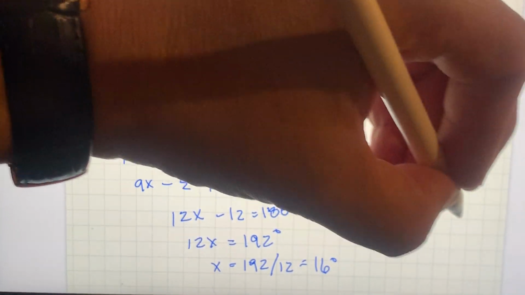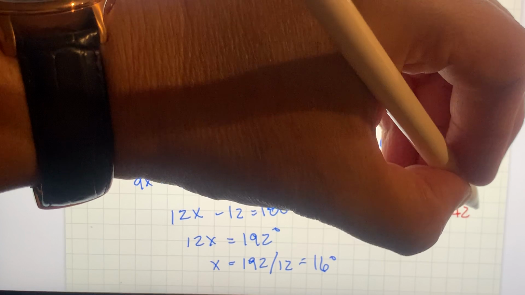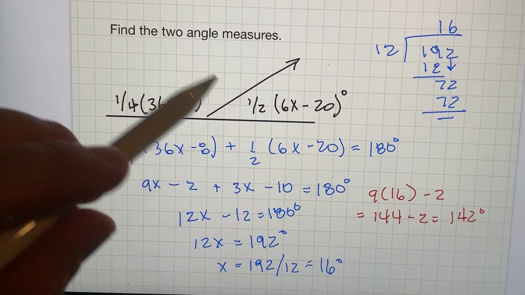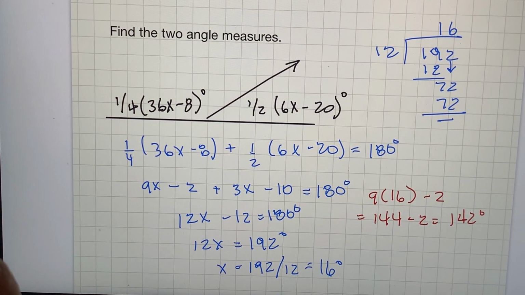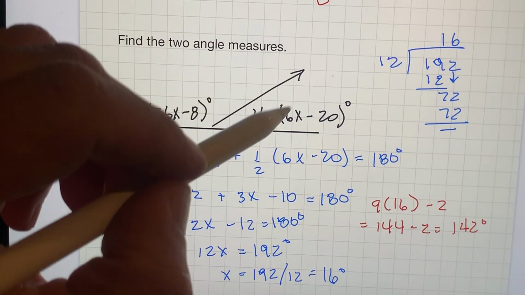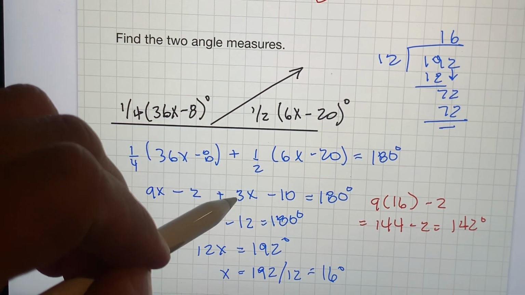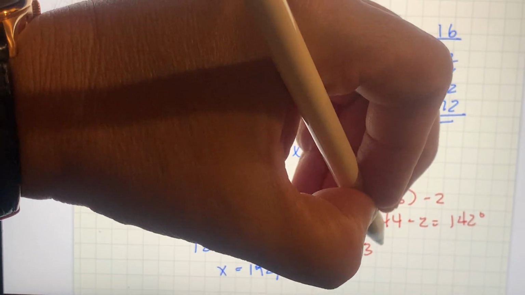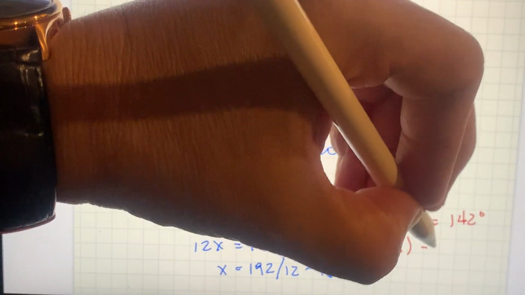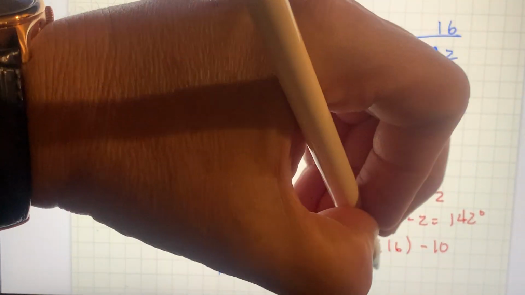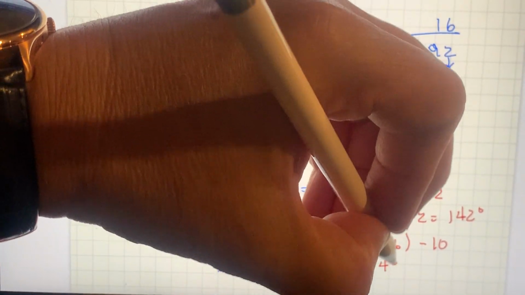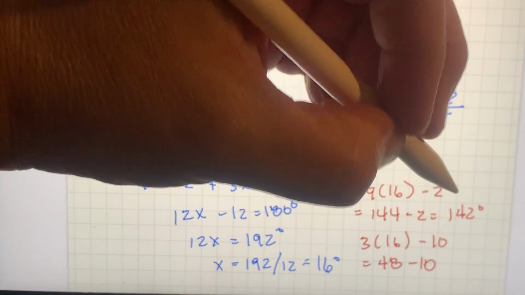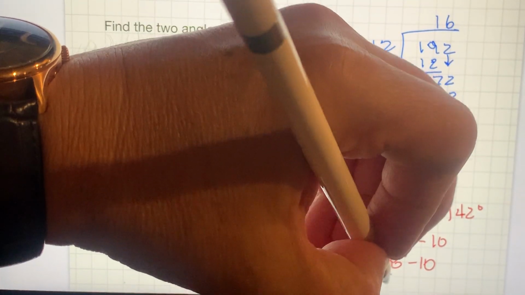Minus 2 equals 142. Okay, so now we know that this angle here is 142 degrees. And then this angle, I'll just work it with 3x minus 10. So I'll just say 3 times 16 minus 10. So that would be 48 minus 10, and that would be 38.